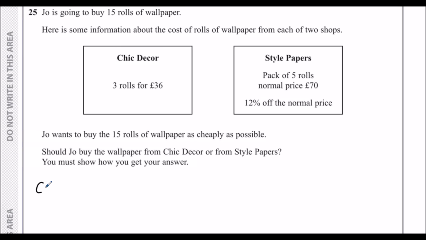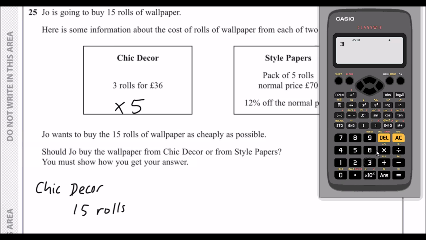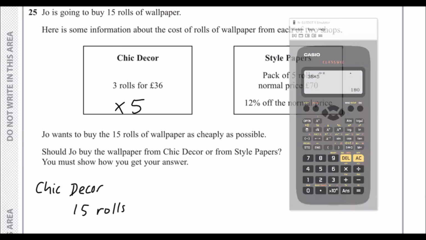So Chic Decor is very easy. So 3 rolls for £36. I want 15. I'm just going to times it by 5. So 15 rolls for 36 times 5, which is £180.